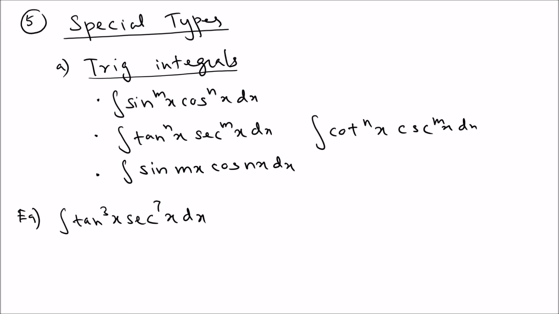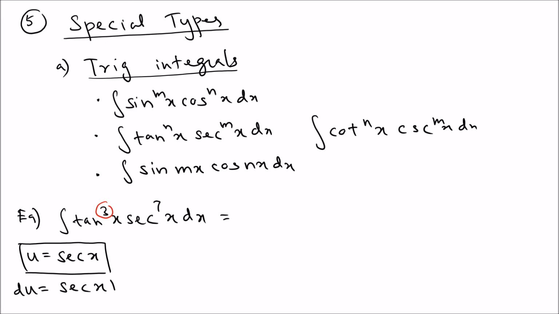According to the theory we discussed, we know that when you get a problem like that, you see that the tan has odd power. If tan has odd power, we're going to try the substitution u equals secant x. So what we try to do is rewrite the problem using this new substitution. We first pull out a term for the derivative, because we know that once you take the derivative, you're going to get secant x tan x.